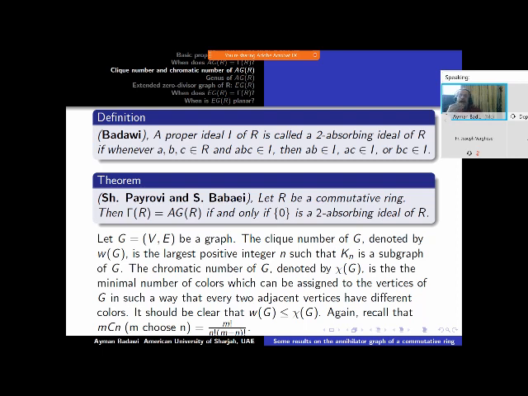There is something I defined called a 2-absorbing ideal in 2007. What is a 2-absorbing ideal? You can read it. Whenever you have 3 elements in R and the product of these 3 elements is in I, then ab is in I, ac is in I, or bc is in I. You think of a 2-absorbing ideal as a generalization of a prime ideal.